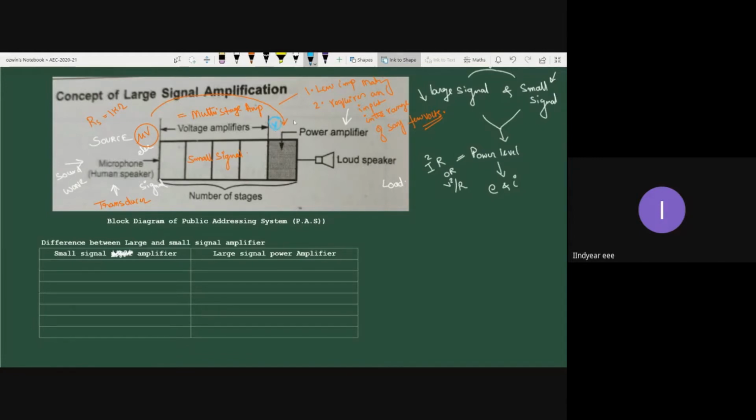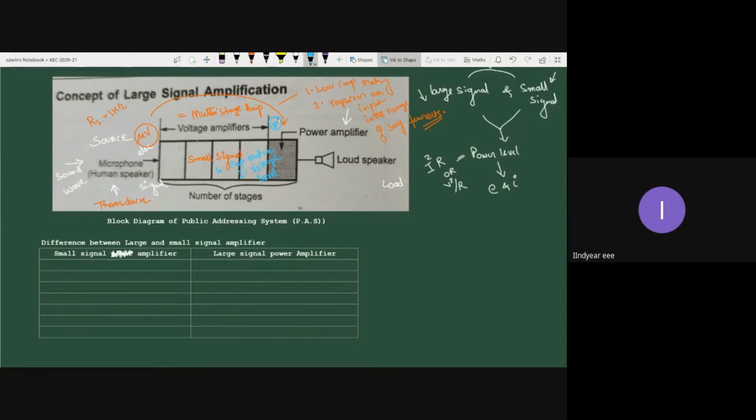So this voltage matches with the rating of the power amplifier, and it also matches with the impedance as well. So you can achieve two things using this multi-stage amplifier. The first thing is impedance matching, and the second thing is voltage level. So two things you can fulfill using a multi-stage amplifier.